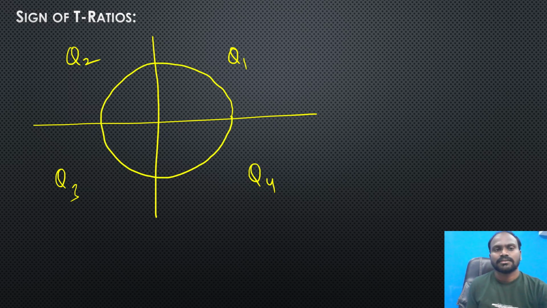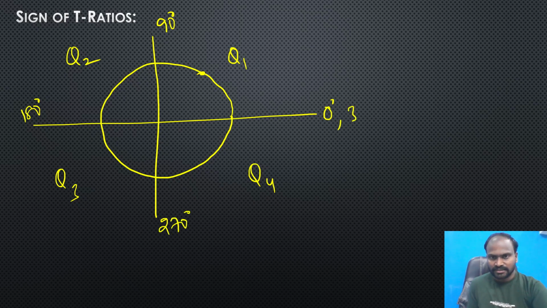And next we have this. So let us consider a unit circle, and here, for example, if you take angle from here, so 0 degrees, then what? 90, next 180 degrees, 270 degrees, then 360 degrees, right? So if you go from the first quadrant, it will be 0 plus theta, right? That means plus theta.